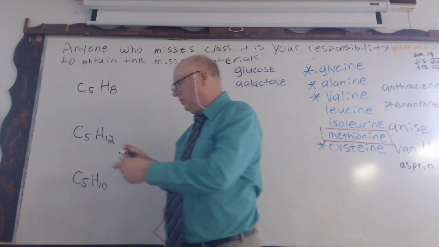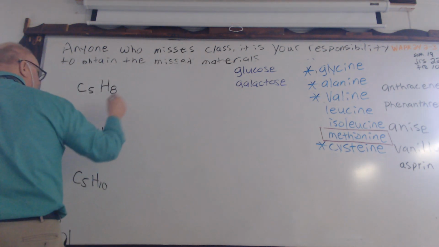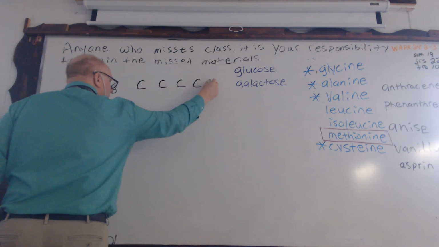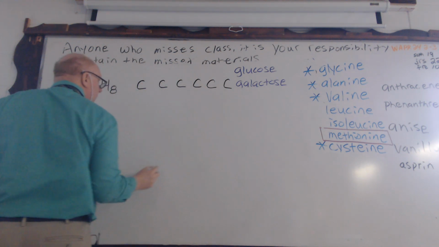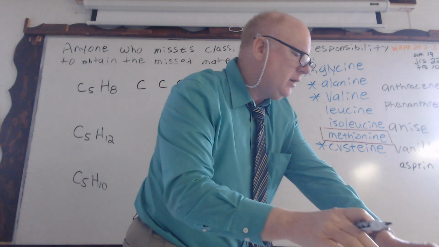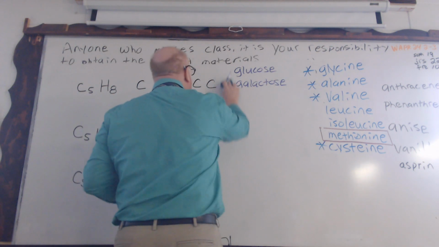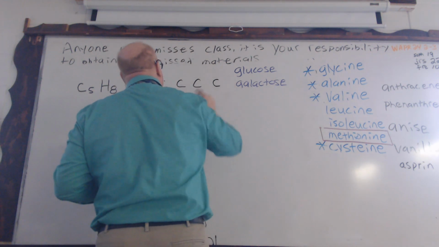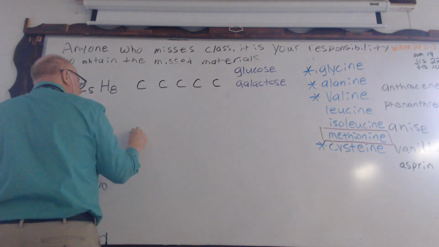Okay? So in each and every case, we can draw our 5 carbons. Okay, I think I just drew 6, didn't I? Okay. I was running into that galactose, and I thought I might need the extra room. Okay.